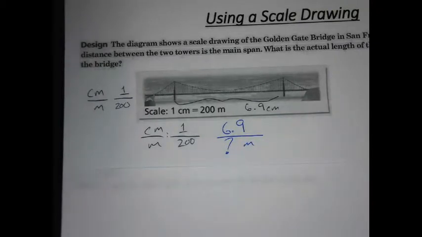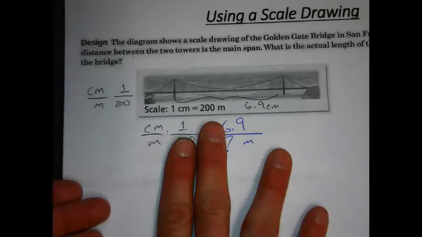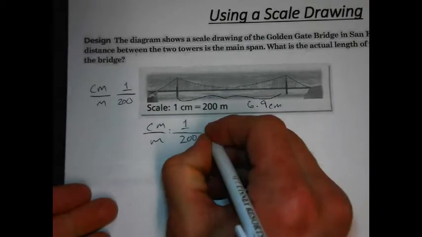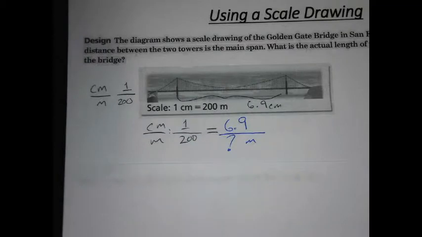Okay, so we're going to have to figure that out. And so what do we know? We know since this is a scale factor, we're going to have equal ratios, which means we have a proportion. So we have a proportion. Okay, so this is what we have. We have some kind of neat equation here.